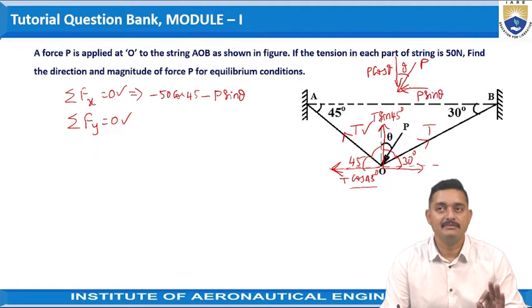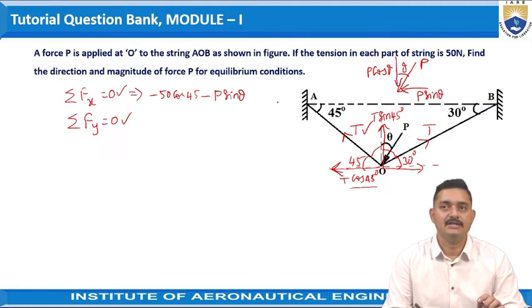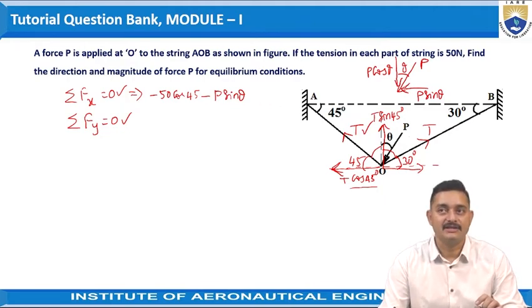Always remember, the component which is adjacent to the inclination would be the cos trigonometric ratio. So here minus P sin theta will be considered, as you can observe that P sin theta is acting in the negative direction.